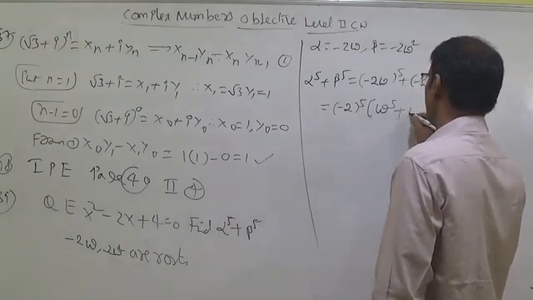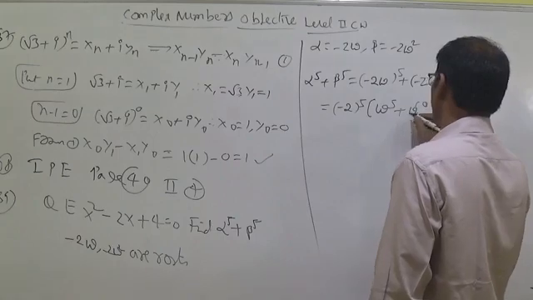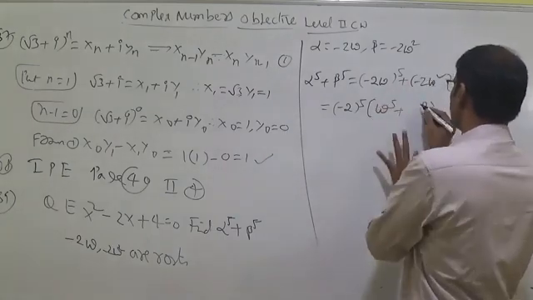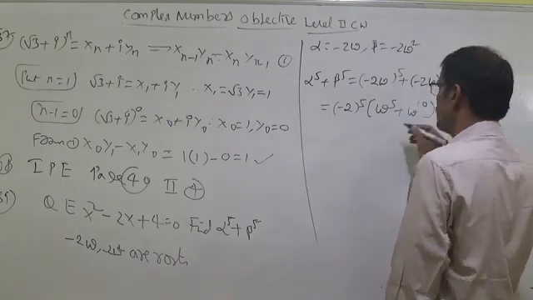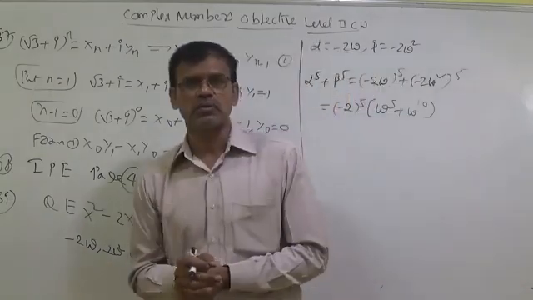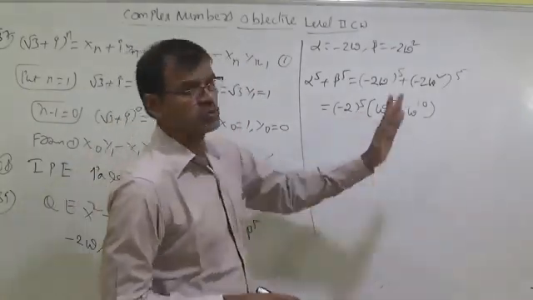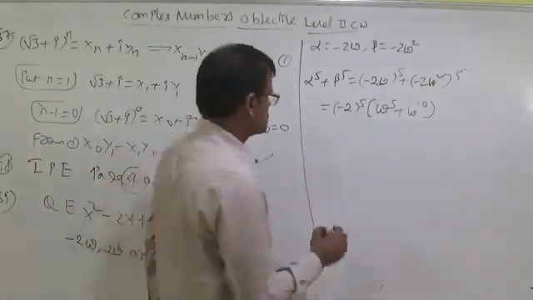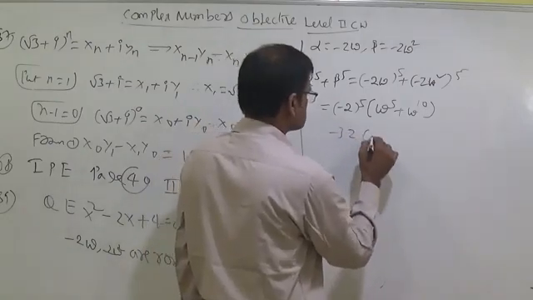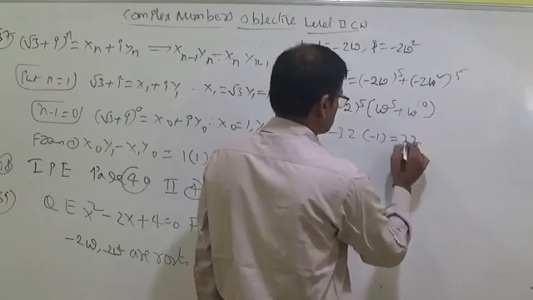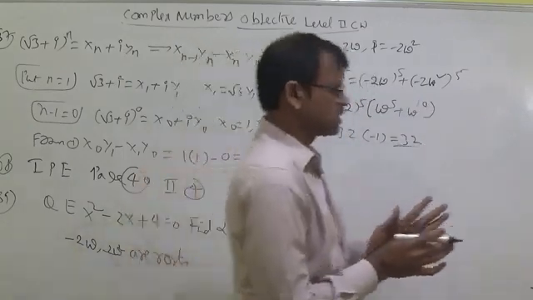It becomes omega power 5 plus omega power 10. This is of the form omega plus omega square. Whenever the omega power is not a multiple of 3, you can easily say that omega plus omega square is always minus 1. So this is minus 32 into minus 1. It becomes plus 32. Answer is plus 32.